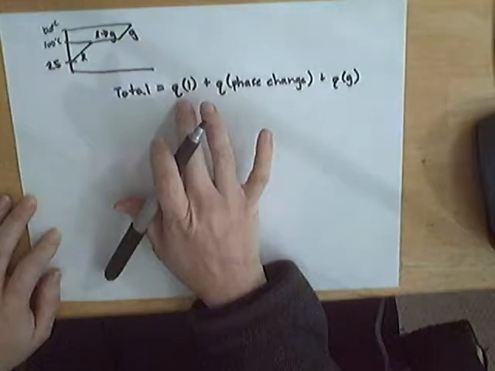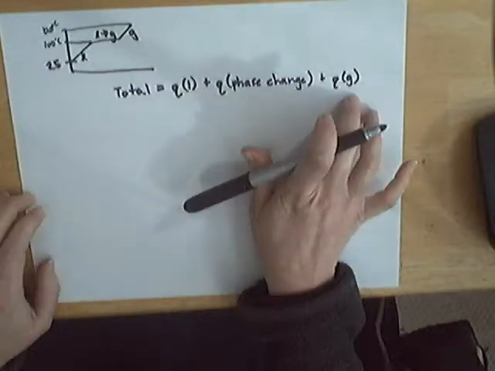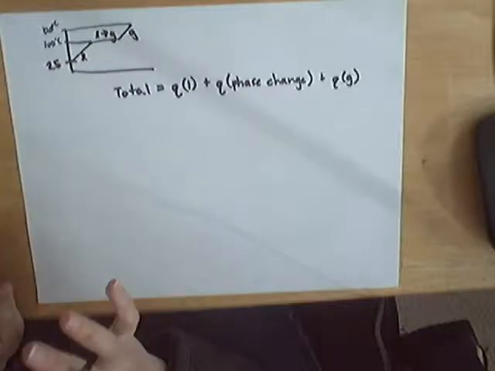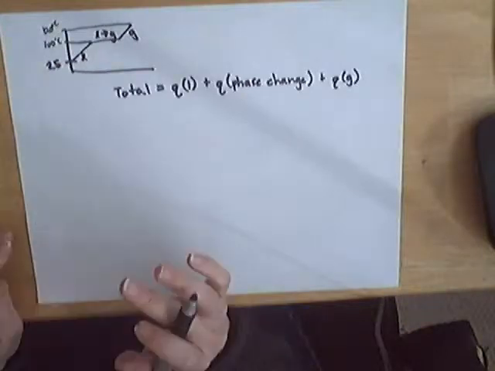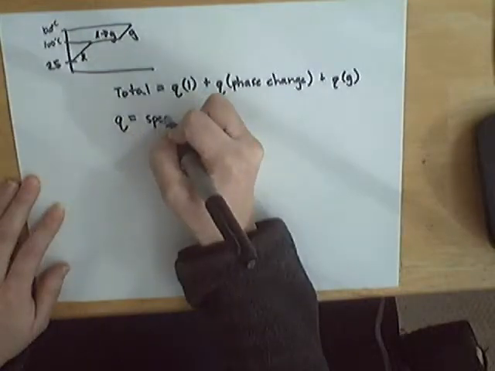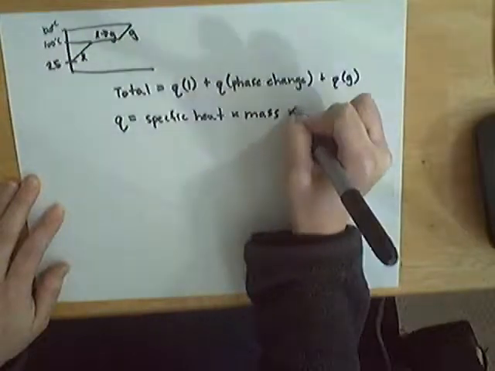Heating the liquid and heating the gas. Calculating the amount of energy required to heat a liquid or a gas should be review from your last semester, but I'm going to review it a little. There's basically two formulas for this. One is specific heat times mass times change in temperature.